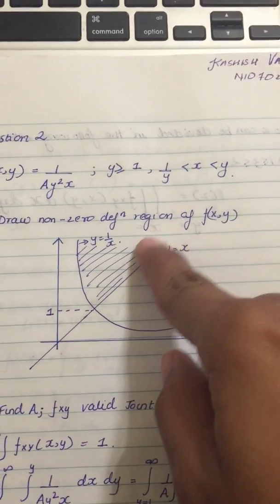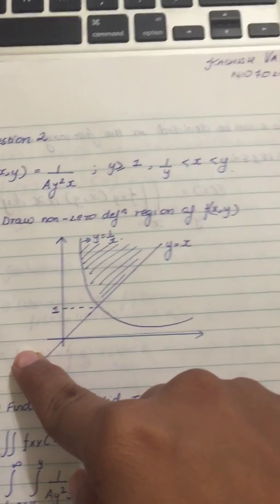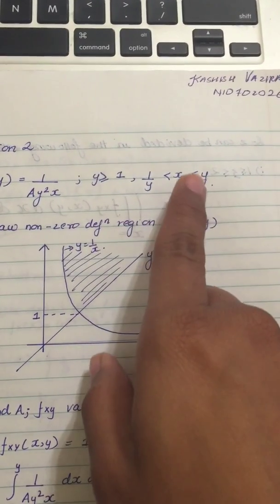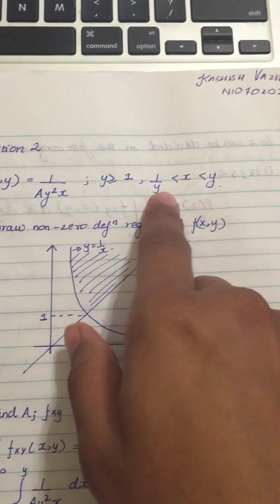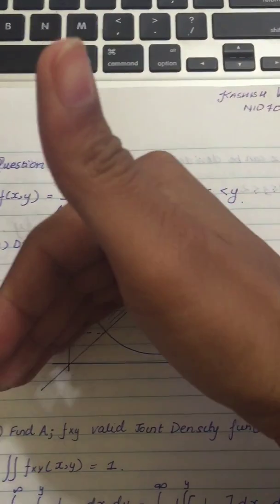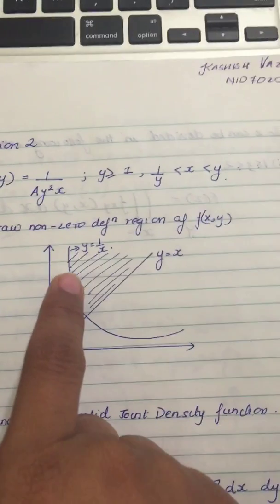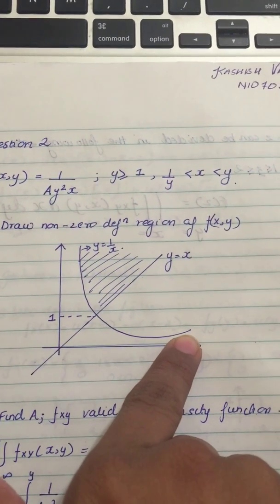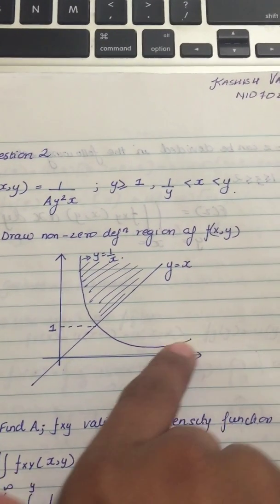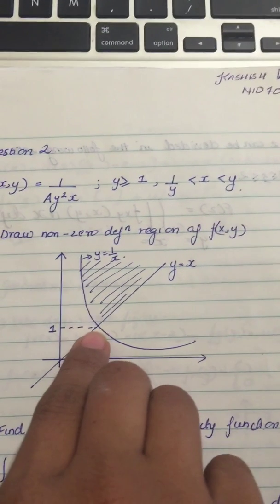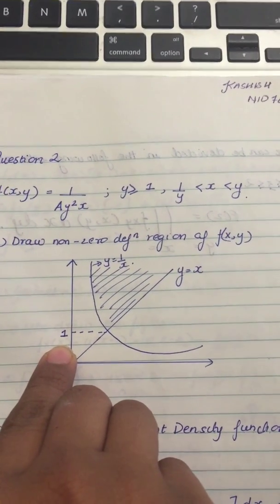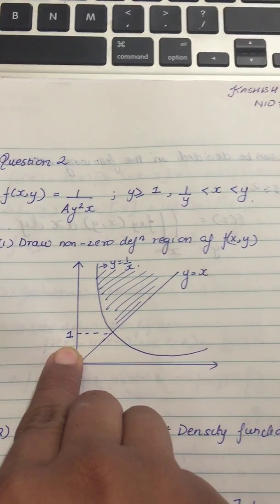We know that this is the line where x is equal to y. We know that x is greater than 1 by y, and that's why it's the upper half of the graph. But we also know that this line is y is equal to 1 by x, and this curve here. And this particular conjoining point will be 1, because y is greater than or equal to 1.